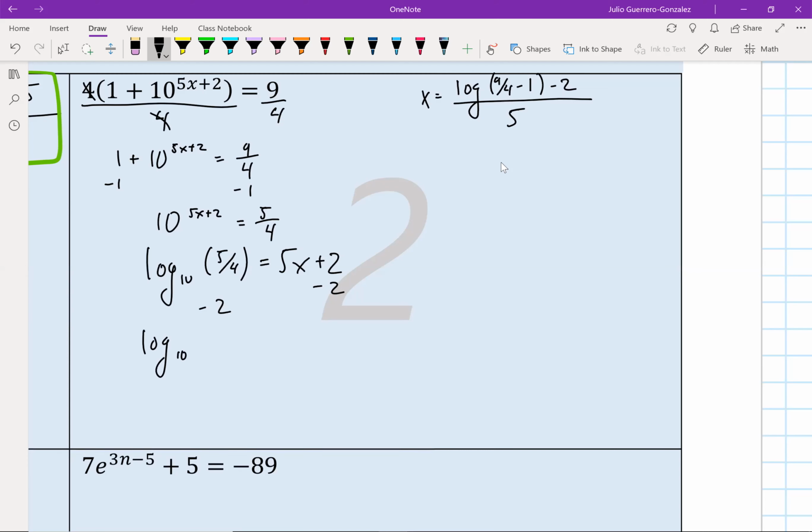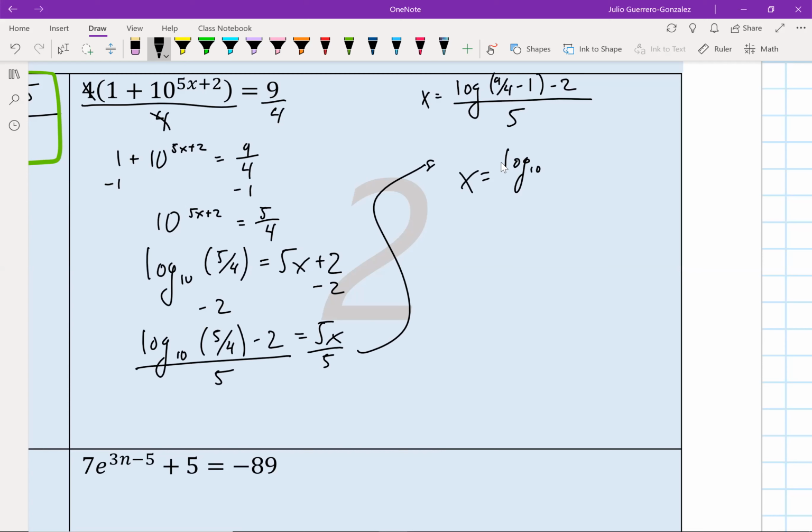Log base 10 of 5 over 4 minus 2 is equal to 5x, divided by 5, divided by 5. Put it here. x is equal to log base 10 of 5 over 4 minus 2, all over 5.